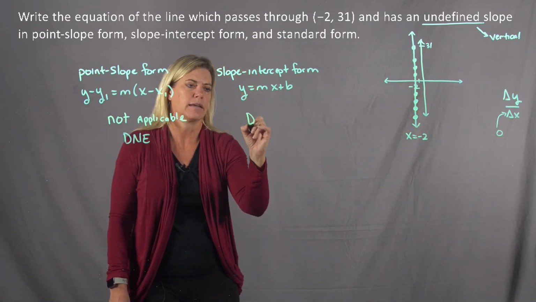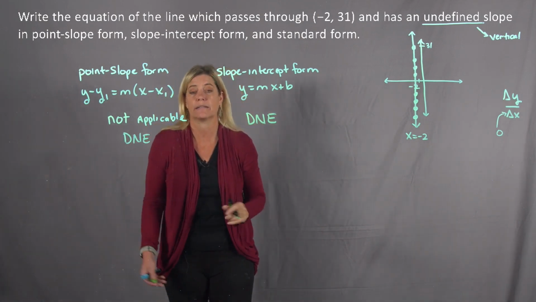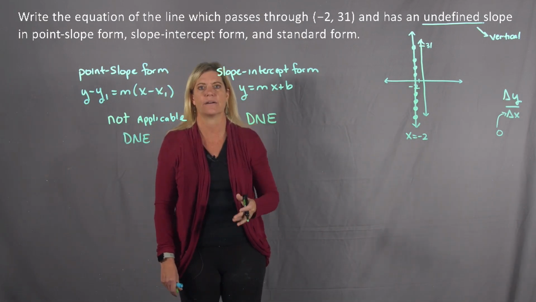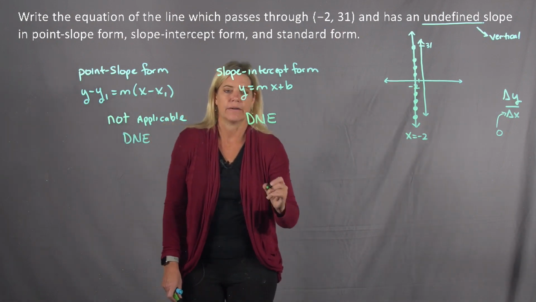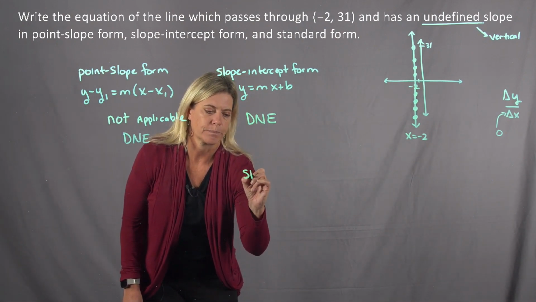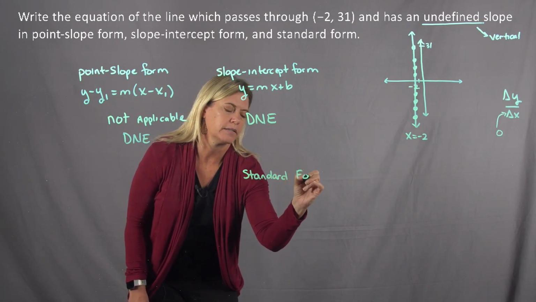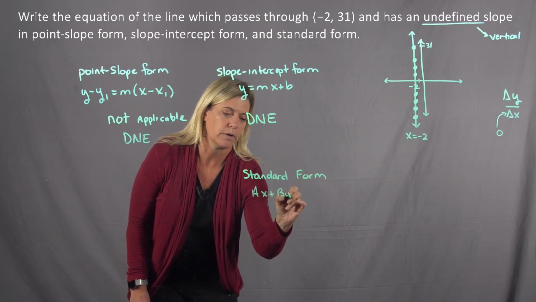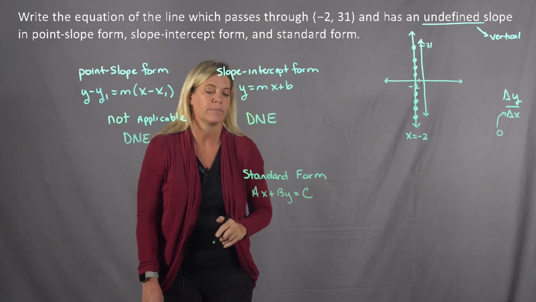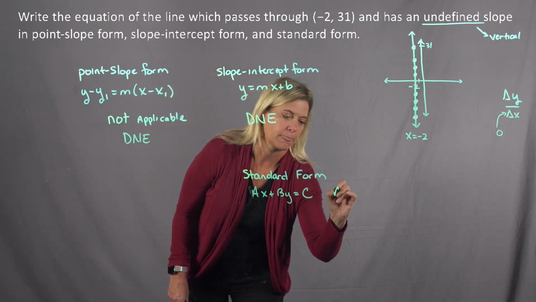So I cannot write it in slope intercept form. It doesn't work because I don't have a slope. It's undefined. When we look at it in standard form, however, I'll write that down right here. Standard form is ax plus by is equal to c. And remember, a, b, and c have to be integers.